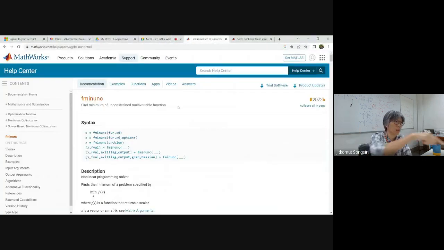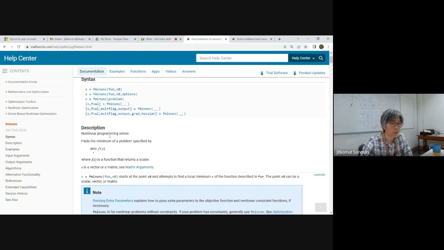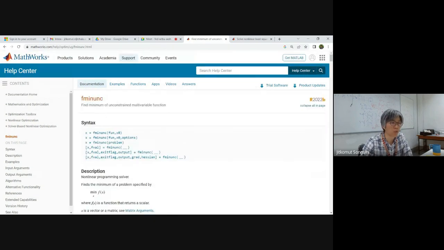Look at your slide, the nonlinear least square is actually an unconstrained problem as well. It's just an unconstrained problem that has a very specific form, sum square. So in terms of solving it, you have two available tools. For example, this is a command where you solve unconstrained minimization.